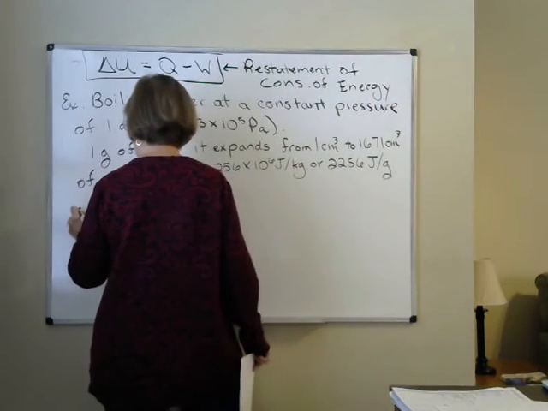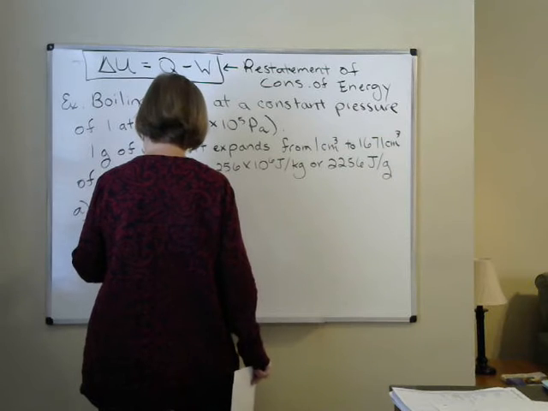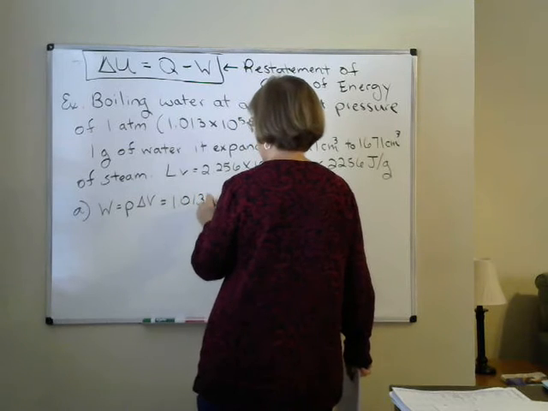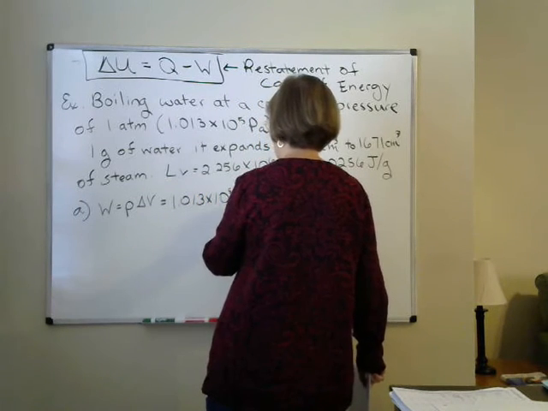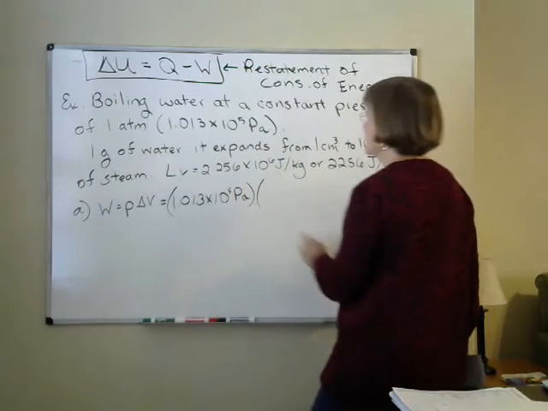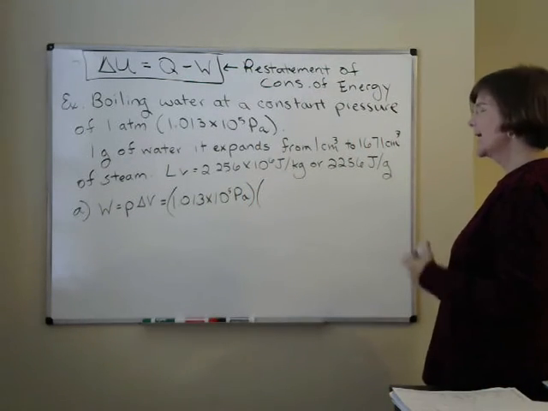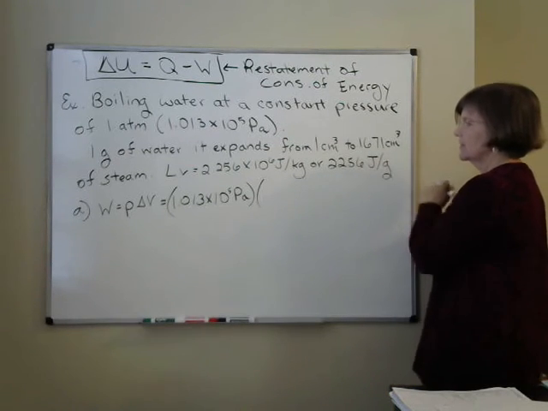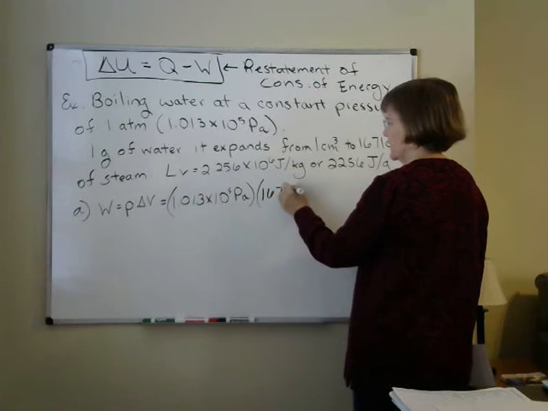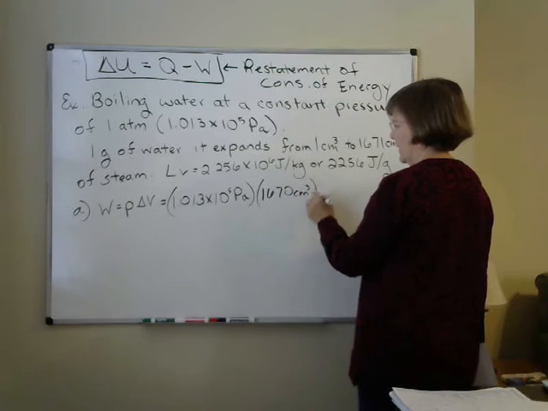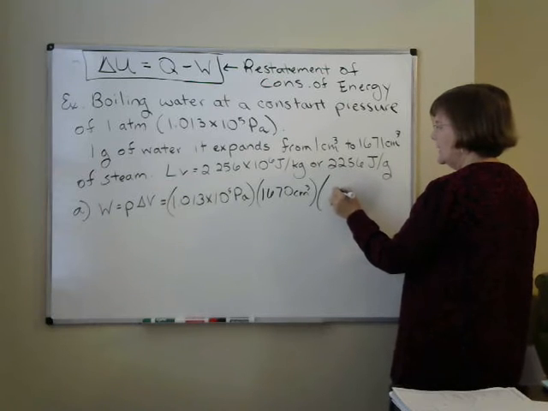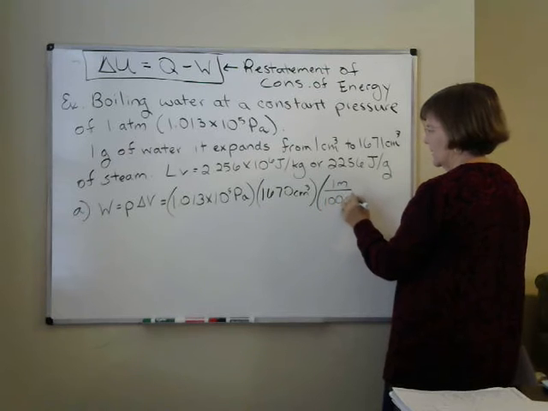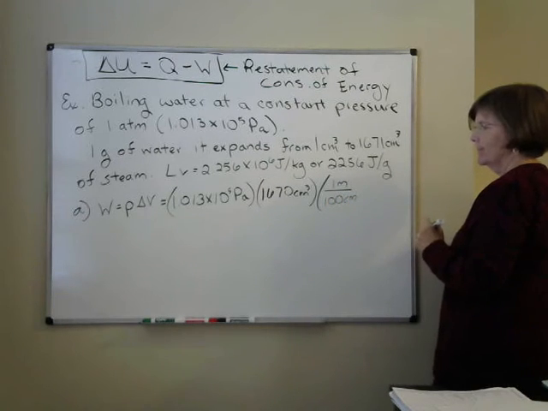Well, the work is the pressure times the change in volume. The pressure has to be in pascals, and the change in volume has to be in cubic meters. We have it in cubic centimeters. 1671 minus 1 cubic centimeter is a change of 1,670 cubic centimeters. But I know that 1 meter is 100 centimeters, and I have to cube that.